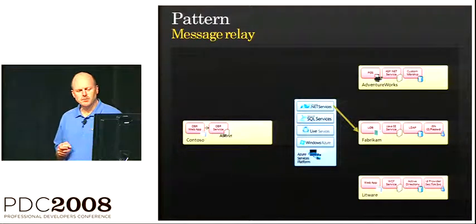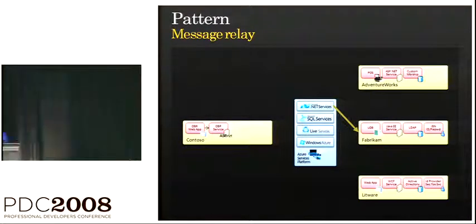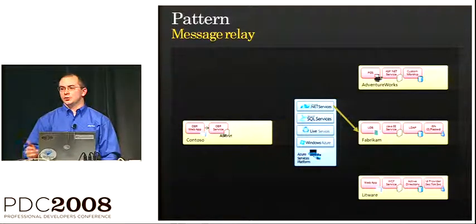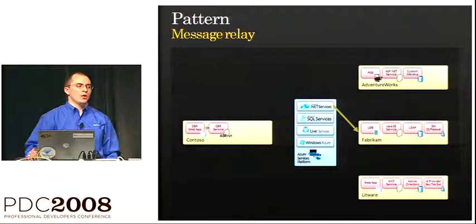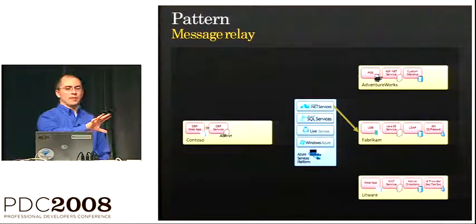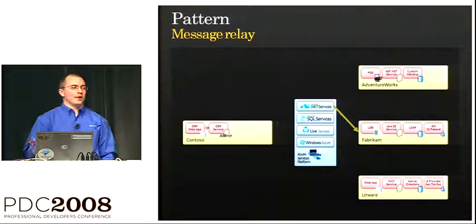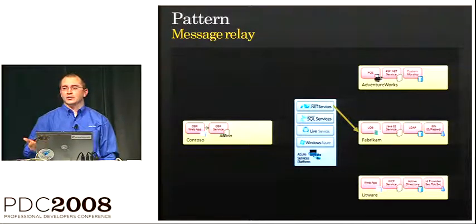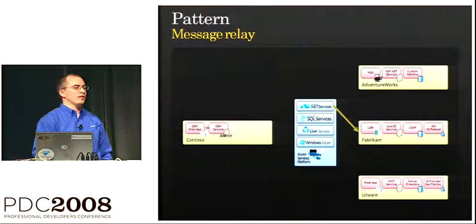So Wade, how did we use this particular pattern? When we broadcast that message, we're essentially using the service bus to relay this information. A message relay pattern is nothing new, but in order to support it, oftentimes you need to spend a lot of time building out that infrastructure, whether it might be some sort of VPN connectivity so that you can send this message securely back and forth, or some sort of devices or hardware to facilitate that.